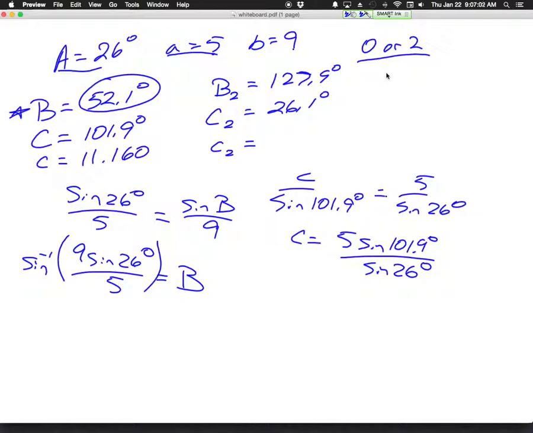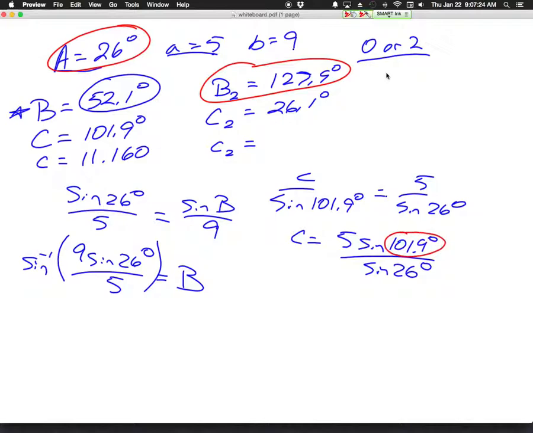Yeah. Okay, so how'd you get that? Just to make sure: 127.9 plus 26. We took this angle plus that angle and subtracted from 180 to give me that. That gives me that.